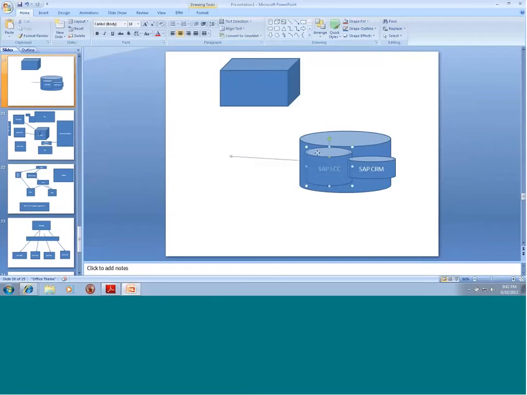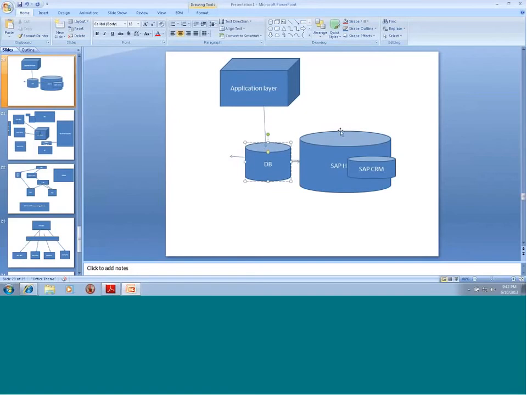What happens is, since this is an application layer, any calculation that needs to happen can only happen at a database layer. So it goes underneath. Let's say this is my database for my BW system. The calculation has to happen in the database, so there is time taken to do the calculation.